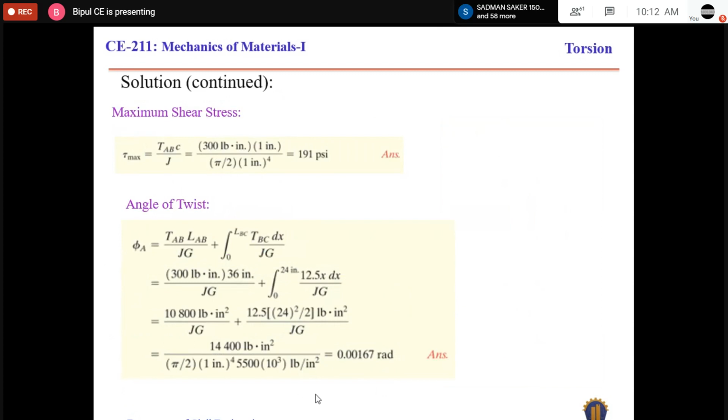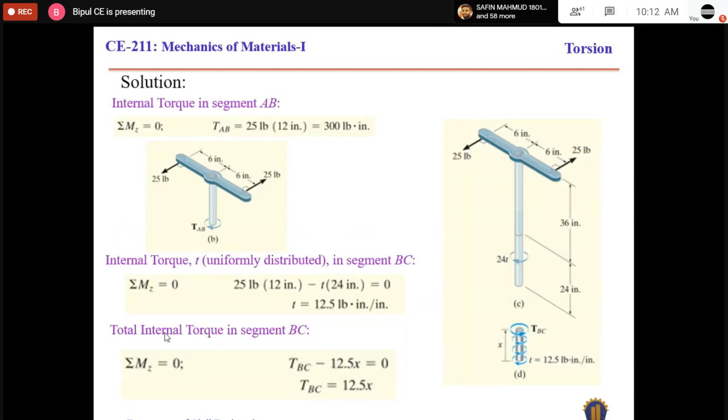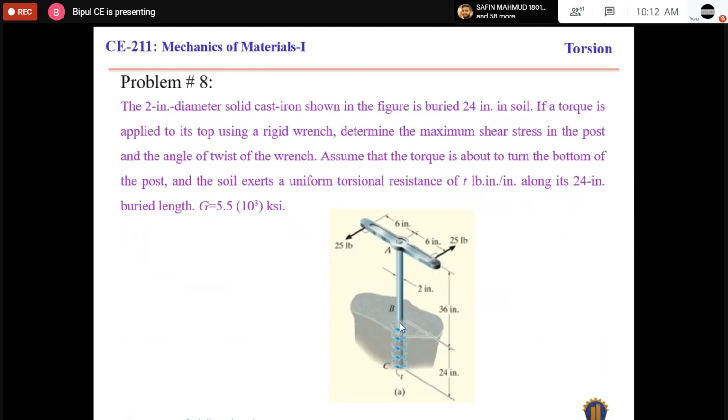Now for the angle of twist, the length above the ground surface is subjected to concentrated torque, because in this segment the concentrated torque will be similar to the applied torque.